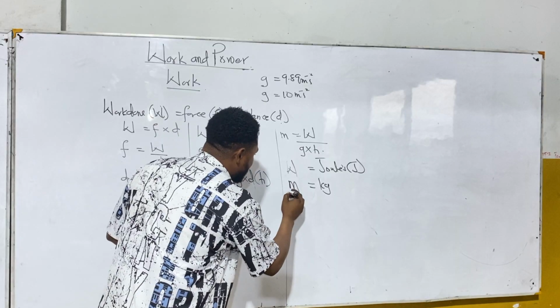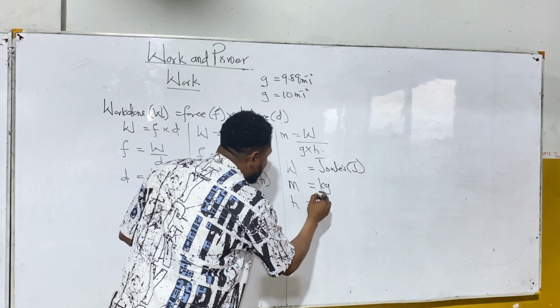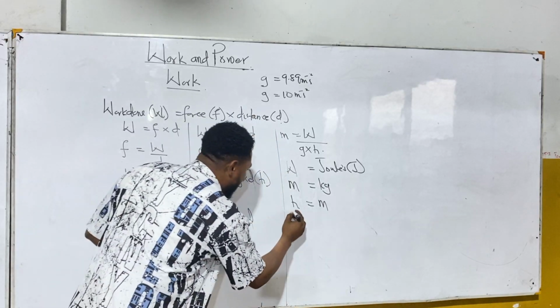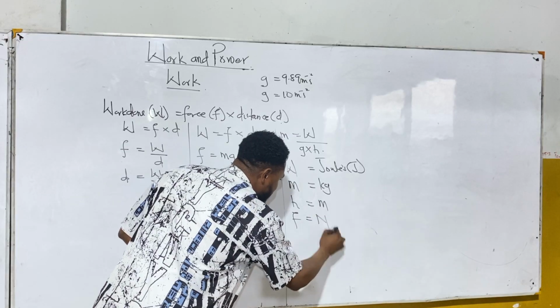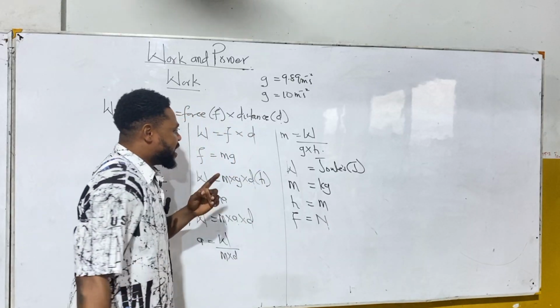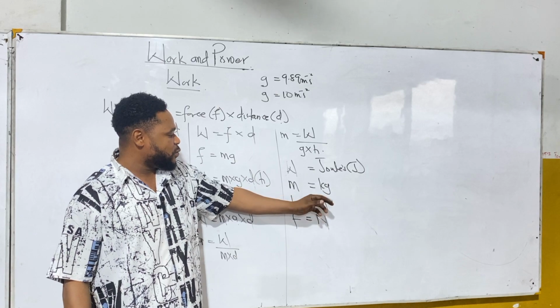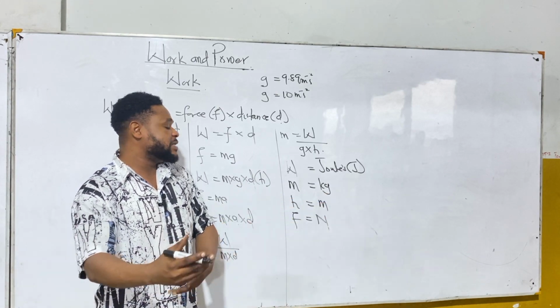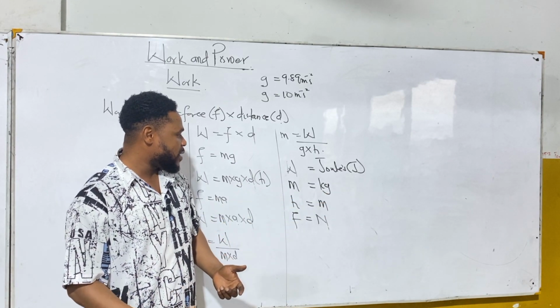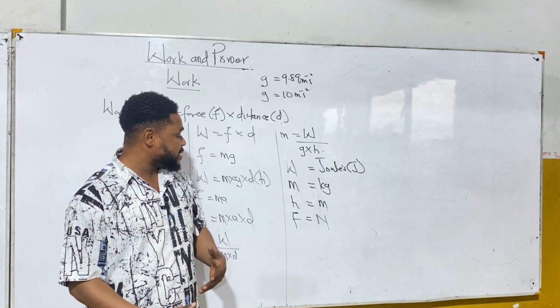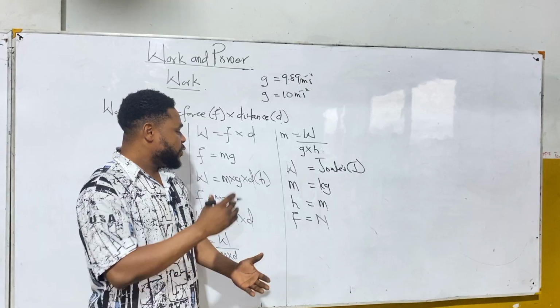Now, the unit for height is meters. And our force, the unit for it is Newton. Don't forget, if the mass is given to you in grams and you want it in kilograms, you just divide it by 1,000. And again, if the height is given to you in centimeters and you want it in meters, you divide it by 100.